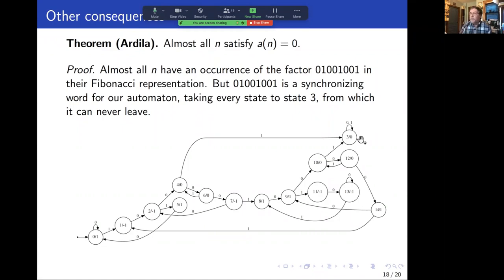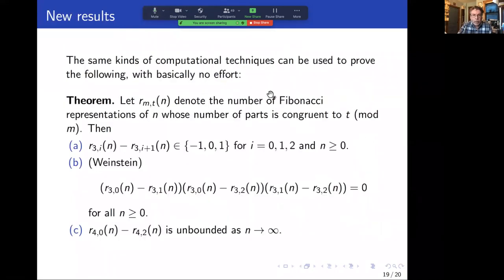And if you wanted more, if you wanted to know what is the asymptotic density of the n for which A of n is 0, you can obtain that too, right? But the point is that you can prove many of these things that were proved before, again, with very little work. Okay, so now the same kind of thing that I just said can be used to prove the following.